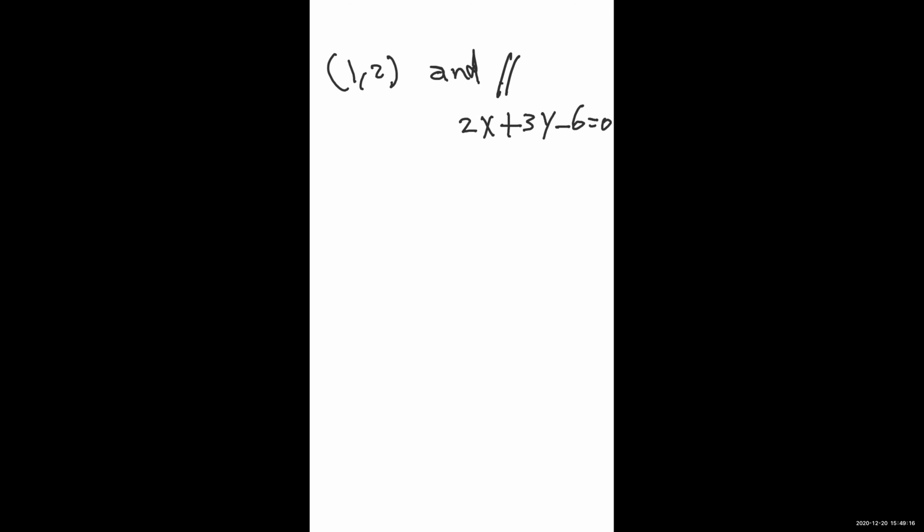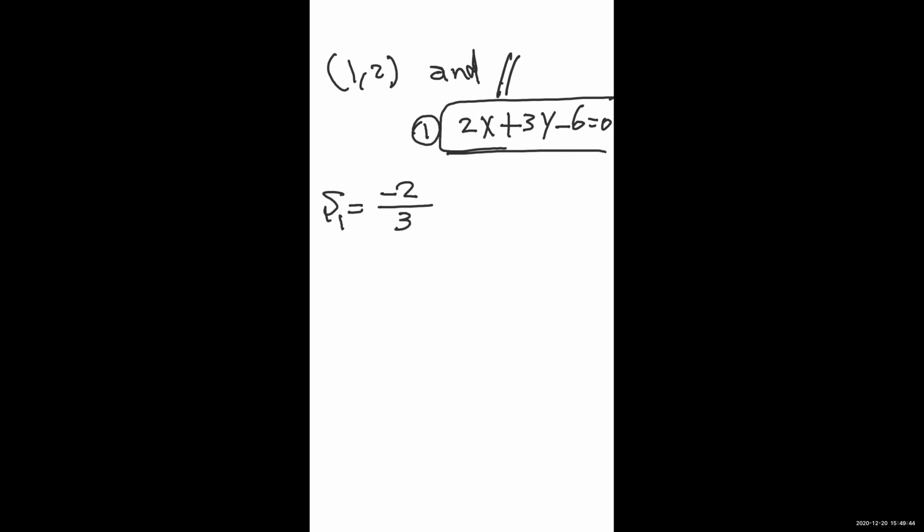The slope in this equation will be the negative coefficient of x over the coefficient of y. For this one, I will write down slope 1, which equals negative coefficient of x, now it's -2, over the coefficient of y, which is 3.